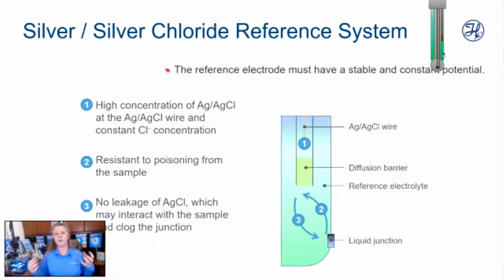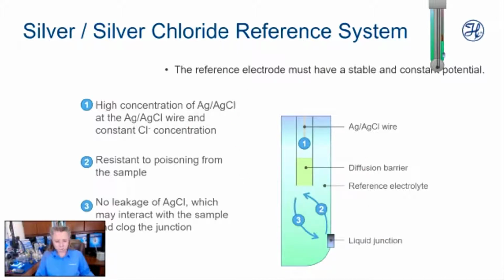So all references in pH electrodes tend to be silver chloride based. Because our samples make proteins, and proteins plus silver equals a nasty black mess, we have to work really hard to make sure that we isolate our reference system from our process, because we don't want that silver going out into the process. So basically, most reference systems look a lot like this.